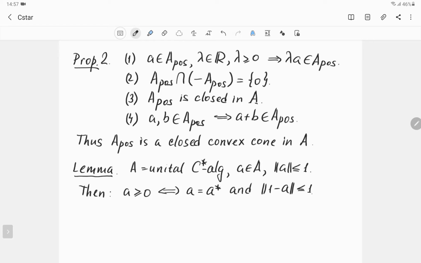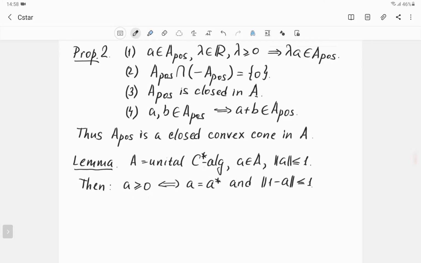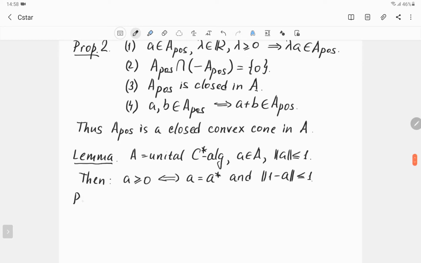So basically, this is an equivalent definition of a positive element, which doesn't involve the spectrum of a. To prove this result, we first observe that the result is clear if A is the algebra of continuous functions on a compact topological space.